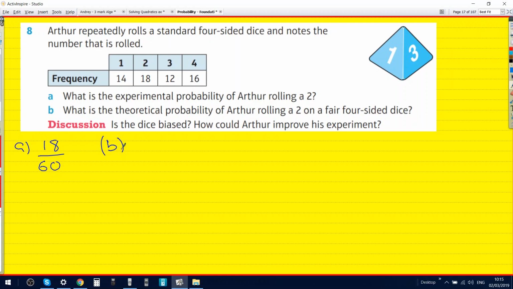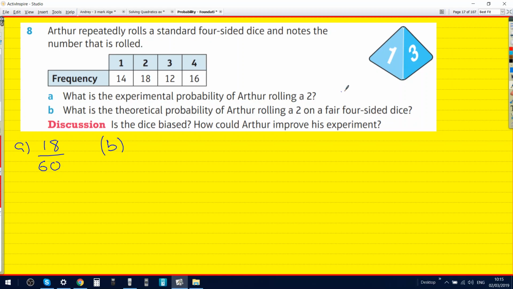B is on a 4-sided dice. So 2 on a 4-sided dice, and it's rolls. I'm not sure. I have a feeling you have to double it for some reason. But I just read the bit of A and it said 4-sided dice, so I'm not sure. If you do 60 trials with a coin, what's the probability of it landing on heads? 30.